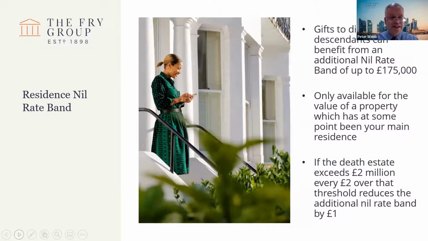Now, if your death estate exceeds £2 million, for every £2 over that threshold, the additional nil rate band is reduced by £1. So when you combine the nil rate band and the residence nil rate band, it may be possible for a couple to shelter £1 million from inheritance tax using those nil rate bands.